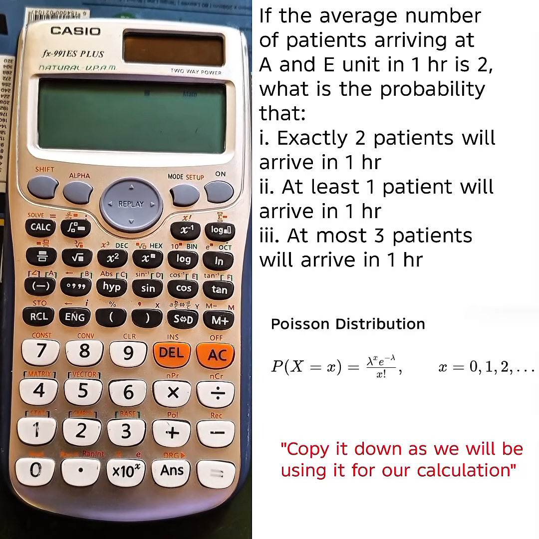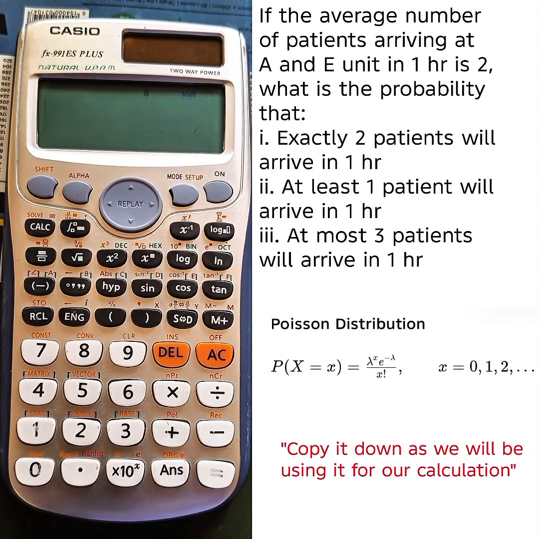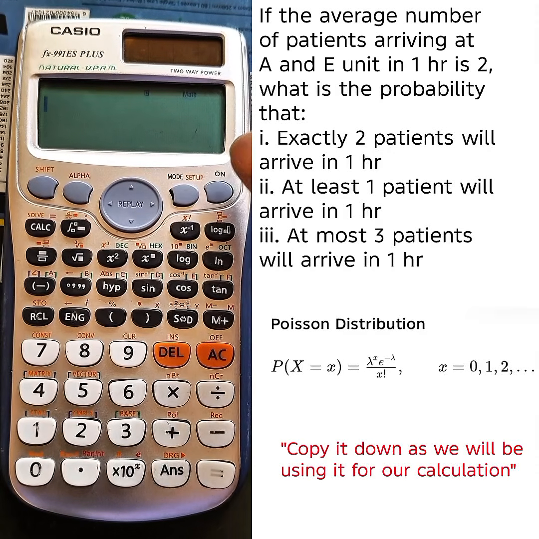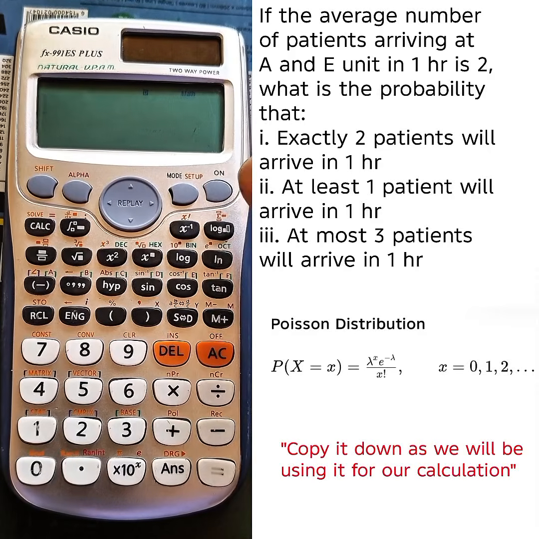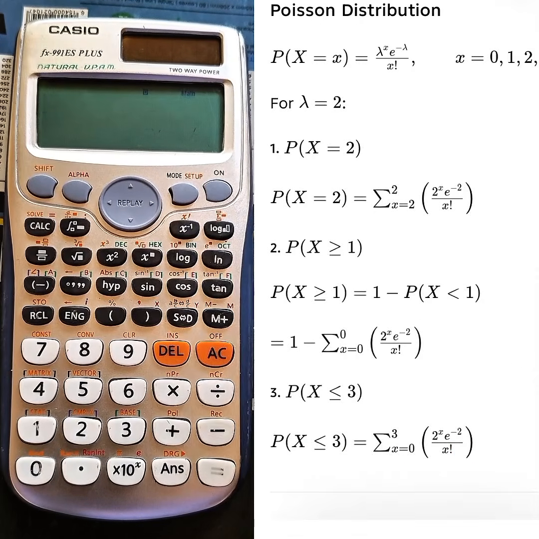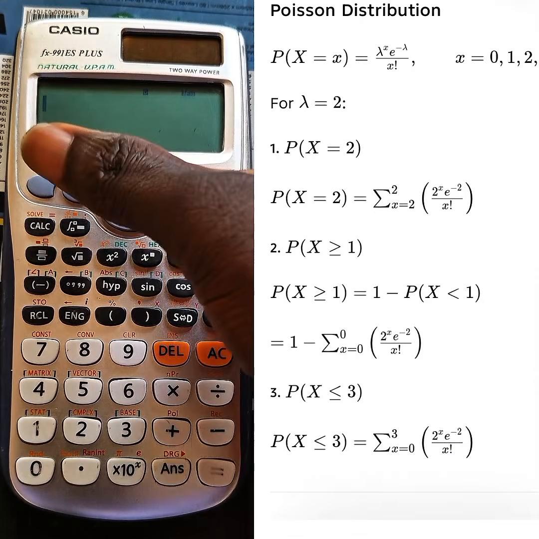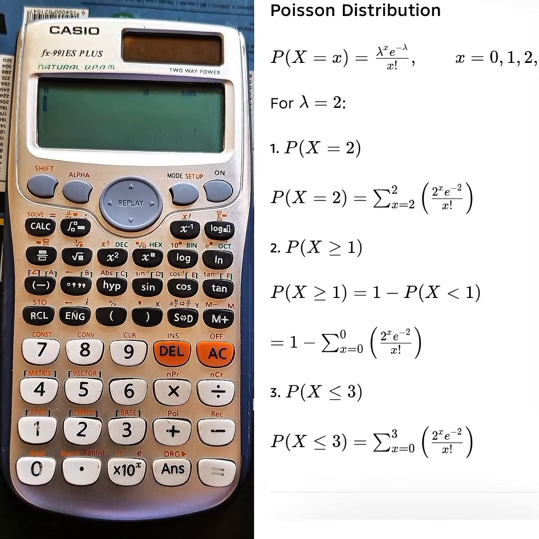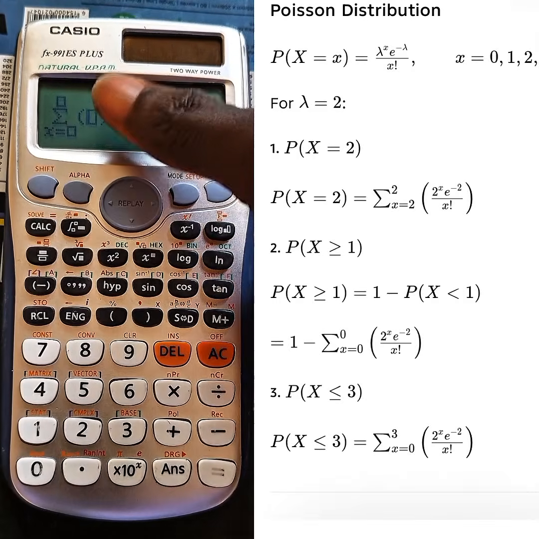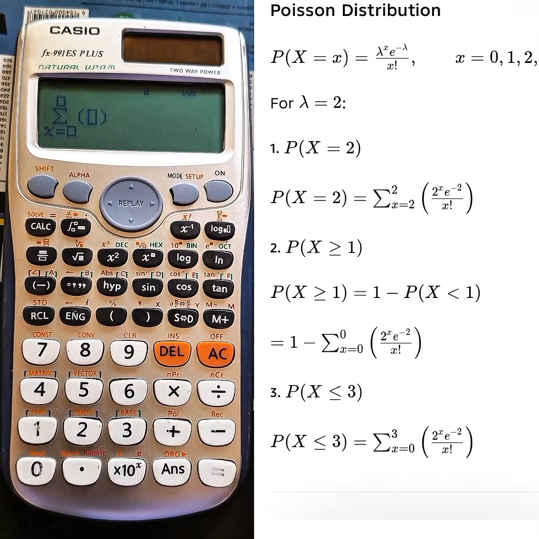When you have to solve a question like this, the first thing you have to do is to make sure you clear everything on your calculator. The first question says exactly 2 people. When you are calculating for exactly 2 people, you first press shift and then press this log. The summation will appear on the screen.